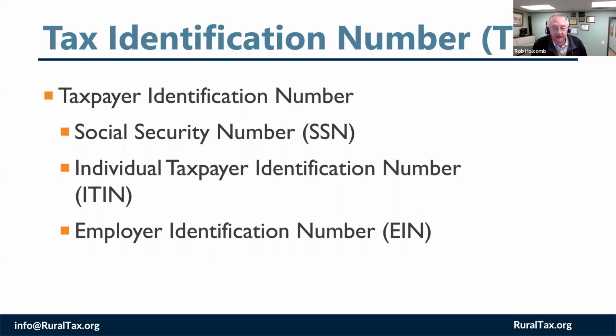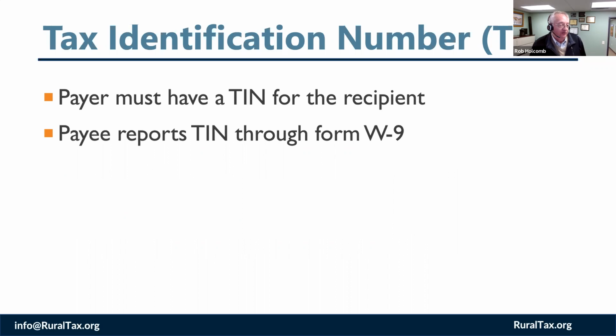Or you might have somebody with an employer identification number. I've always been an advocate for encouraging people, if they're in business, to have an employer ID number. That way your Social Security number isn't floating around on forms all over the place. In today's identity theft time and place, I think that's just a good idea. But you do need to collect that.